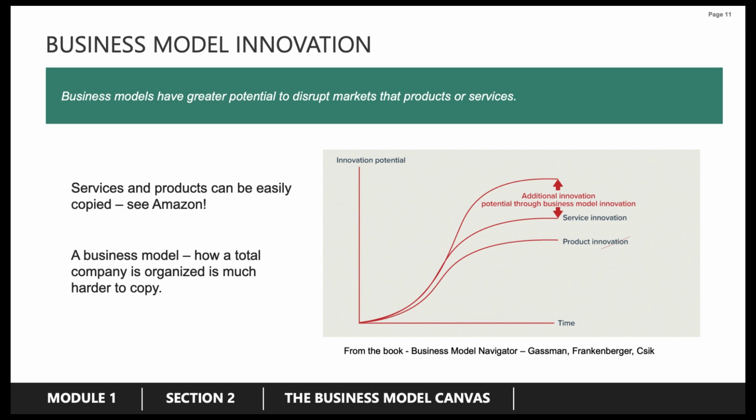So business models have a far greater potential to disrupt markets, and that's what we've seen with huge giants like Uber, Airbnb, and even Amazon. Over the years, that's become a multi-billion-dollar business. And there are lots more examples that I'll take you through as we go through this course.